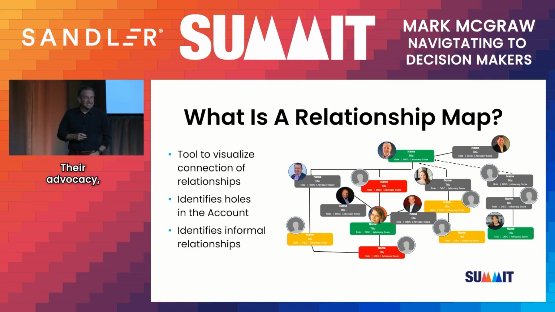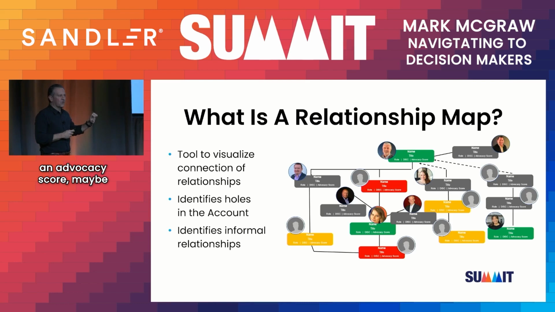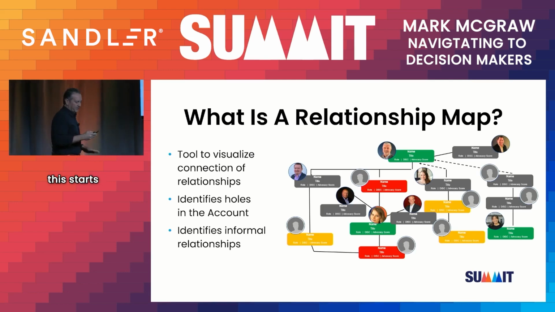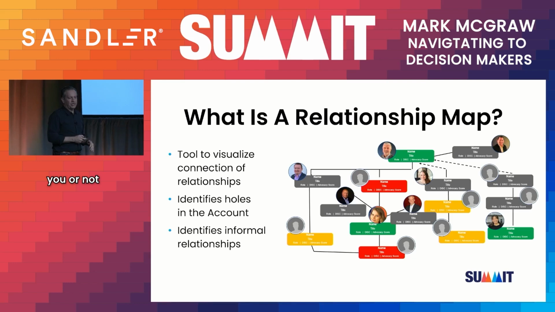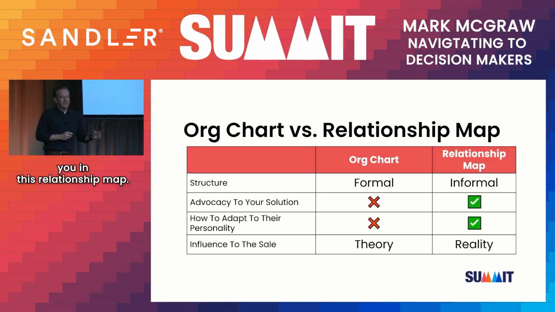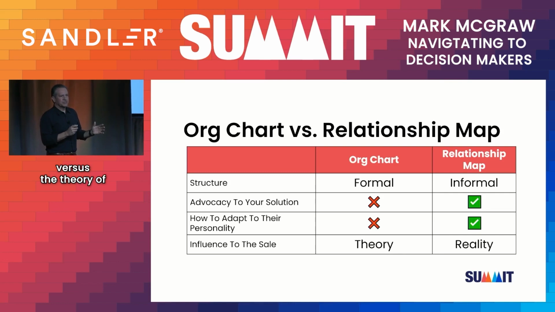Their advocacy, which, by the way, if you haven't had a chance, take accounts that you have, relationships, build an advocacy score, maybe +5, -5. 0 would be neutral, or you don't know. And what this starts to build for you is the context of how people are supporting you or not supporting you in this relationship map. It gives you more of the reality versus the theory of what's going on within an account.